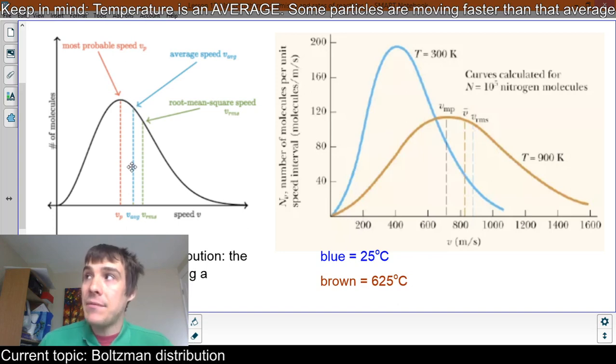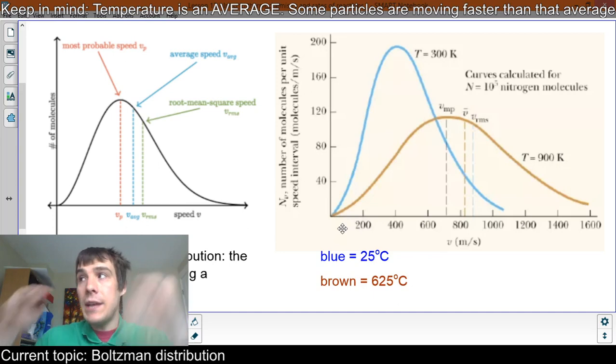So we see that here too. We have a temperature which is the average speed, but there are definitely particles moving faster and particles moving slower than that average speed. And as the temperature goes up, the blue distribution is 25 degrees Celsius, the brown is 625 degrees Celsius. The curve gets flatter but wider, kind of like the male versus female distribution. This is the particles at 25 degrees Celsius.